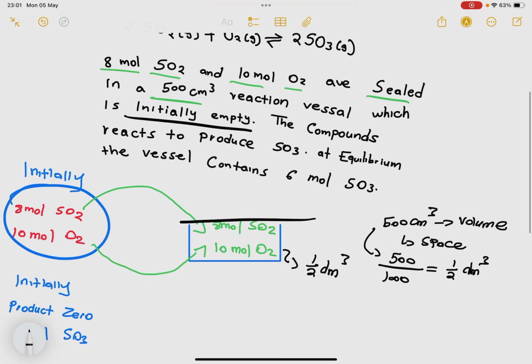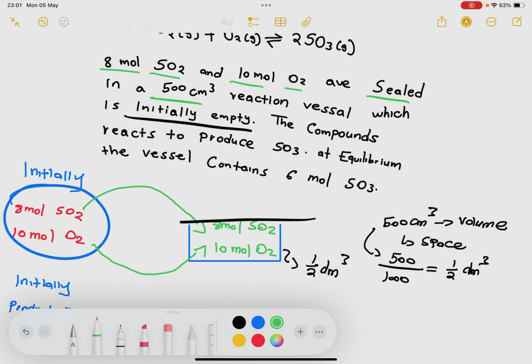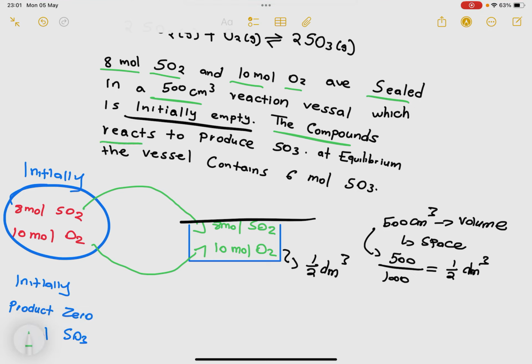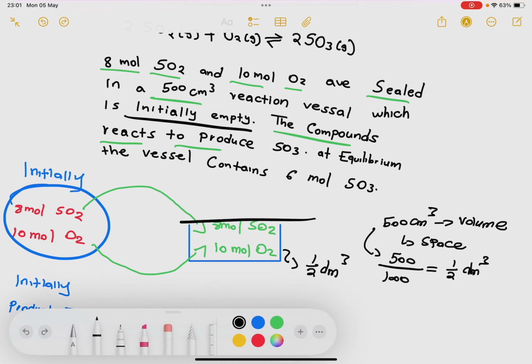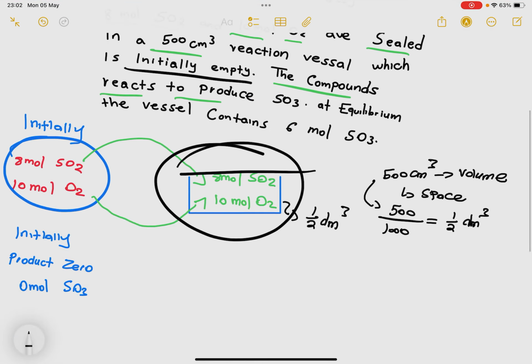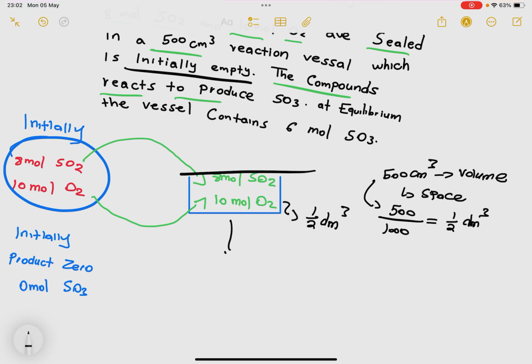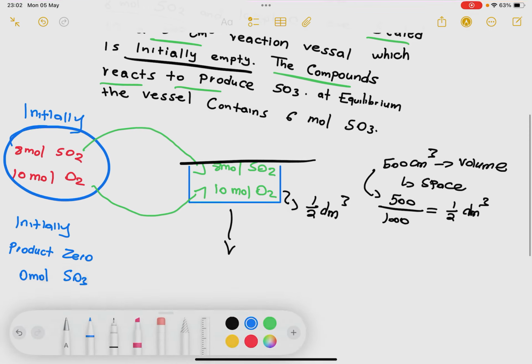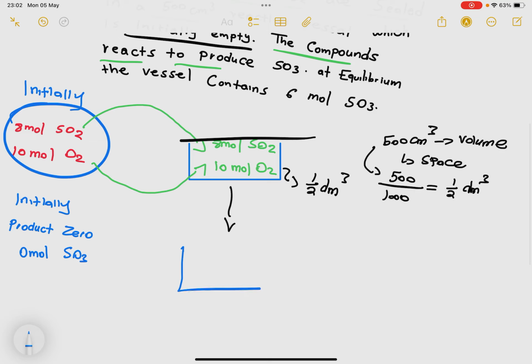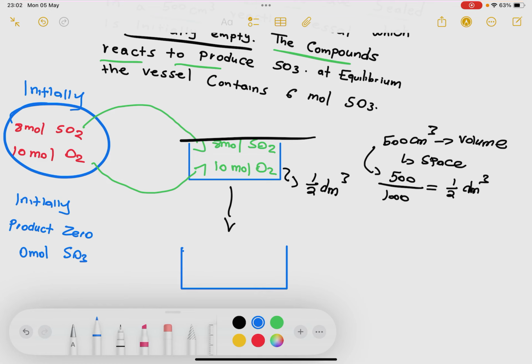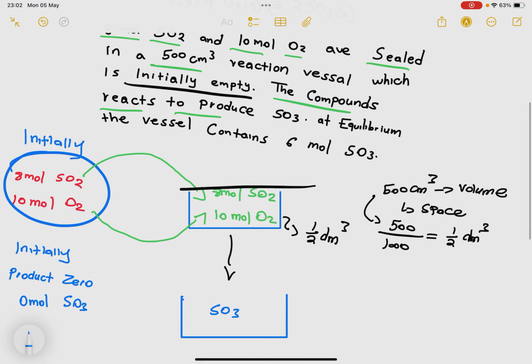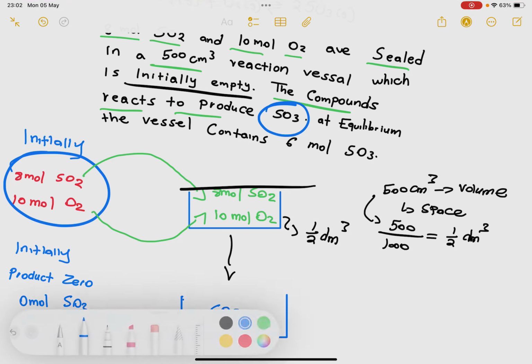Now we are being told that the compounds react to produce SO3. So these are our reactants, and they are going to react to produce SO3. So I'm just going to write this: production. That's what the question says. The compounds react to produce SO3.